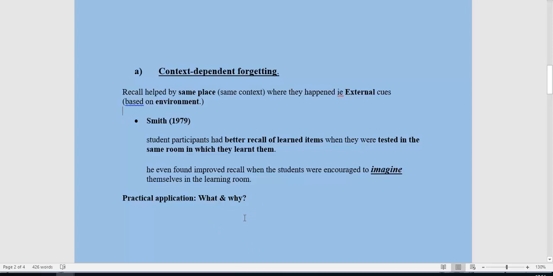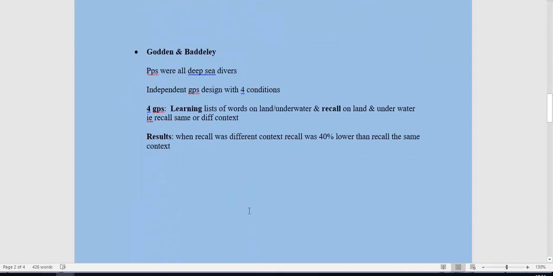Another piece of research, Godden and Baddeley, quite a famous one. Participants in this case were all deep sea divers. It was an independent groups design with 4 conditions. They learnt lists of words either on land or underwater, and recalled on land or underwater. So recalling either in the same place or a different context.